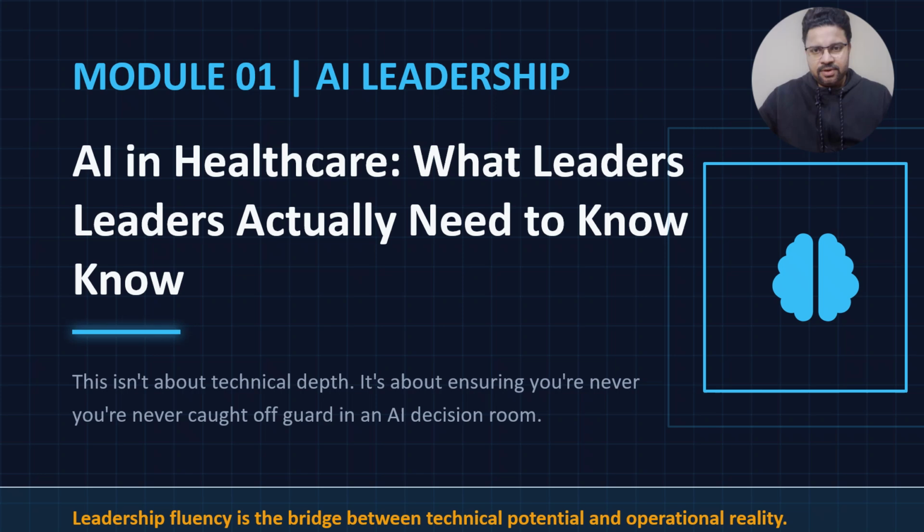The objective here is not to turn you into a data scientist. We are here to equip you with the judgment needed to navigate AI decisions effectively. You will learn to ask the right questions and evaluate AI's true impact. This is about bridging the gap between AI's technical potential and its practical application in healthcare.